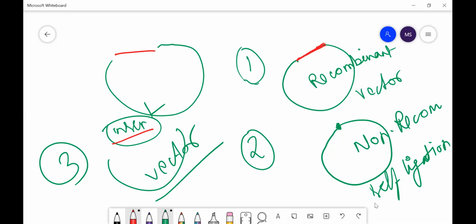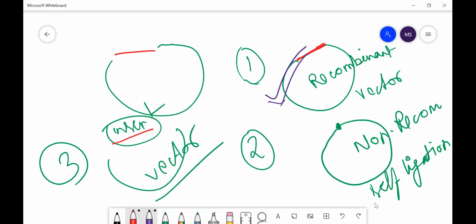But what is our requirement? What is our objective? We need to select the host cell that carries your recombinant vector.